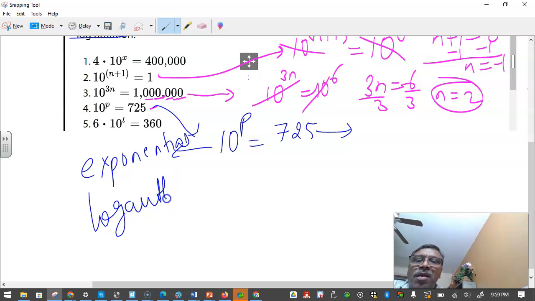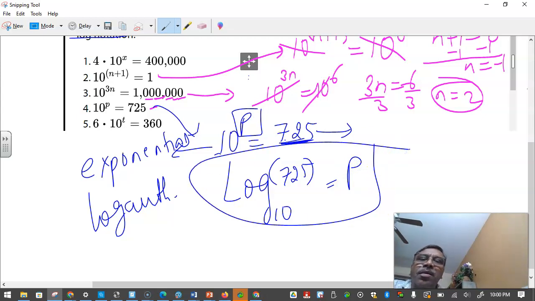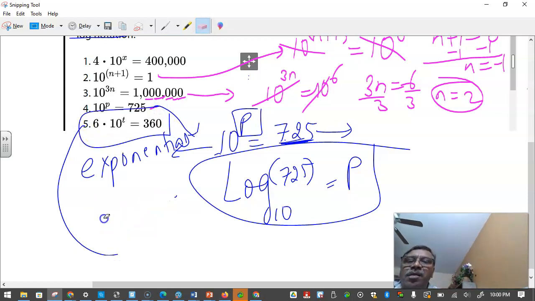When you write in the logarithm form, you put this 10 at the base. Now this is the output, and that output becomes the input here. And the input, which is p, is right here. That's all it is. You're done. You're not supposed to do anything more. And the last one is this one. Let me clear this.